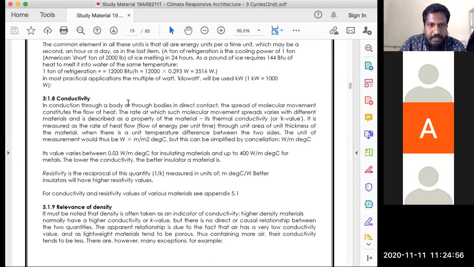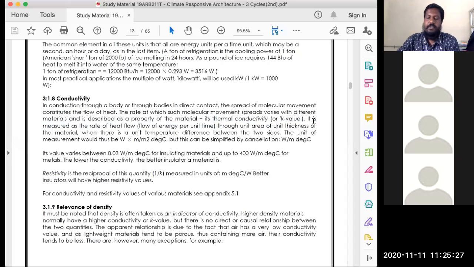So with conductivity, in conduction through a body or through bodies in direct contact, which I already mentioned, the rate... I'm not reading out this theory part; you can refer to the books and read it, but I'll tell you what conditions are important for us to look into. The thermal conductivity is represented with the K value.